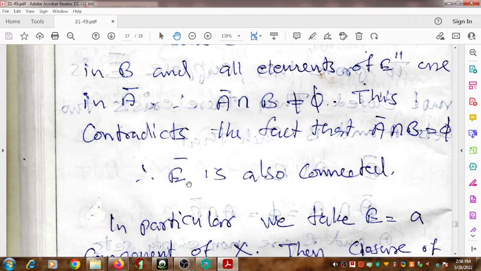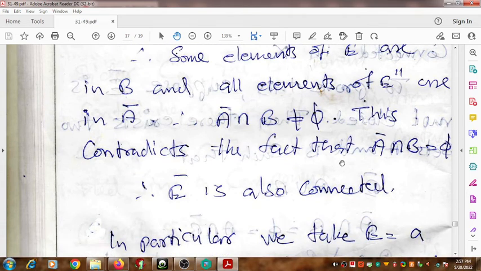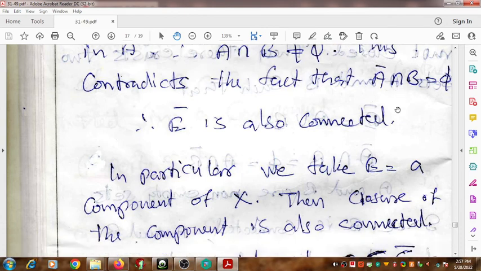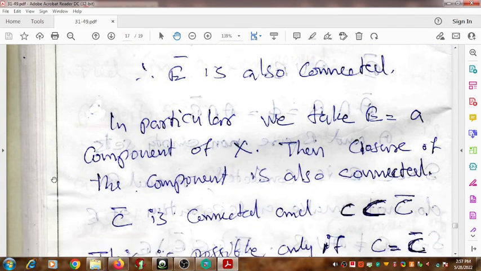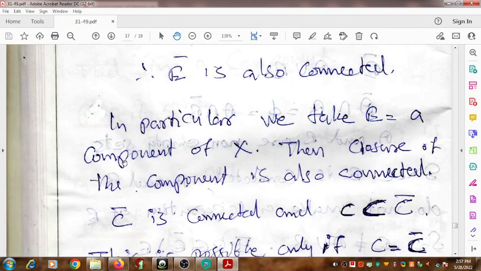Based on that assumption only we proceeded to obtain this contradiction to the statement that closure of A intersection B is equal to an empty set. So this is the general situation.